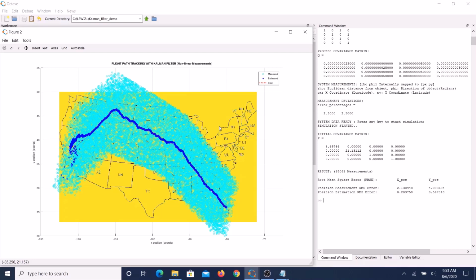Now, as we saw in the Kalman filter demonstration, the error in the measurement is still uniformly distributed. So we will need to test the extended Kalman filter with the non-uniformly distributed error in the measurements.